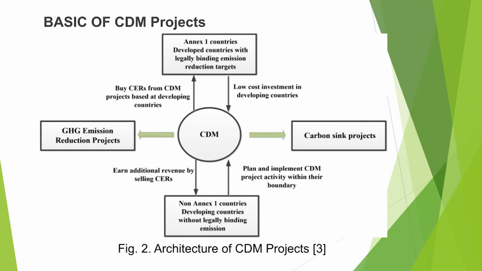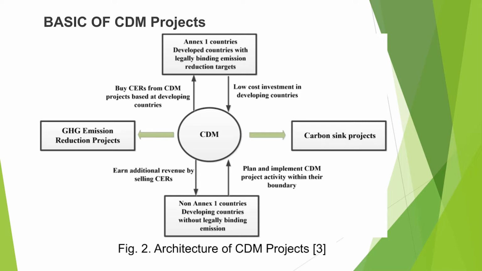On the left hand side you can see greenhouse gas emission reduction projects, and on the right hand side, with the help of this CDM mechanism, you can do carbon sink projects as well. In the case of the Annex 1 countries, they buy the CERs from CDM projects based in developing countries, and the developing countries earn additional revenue by selling the CERs.